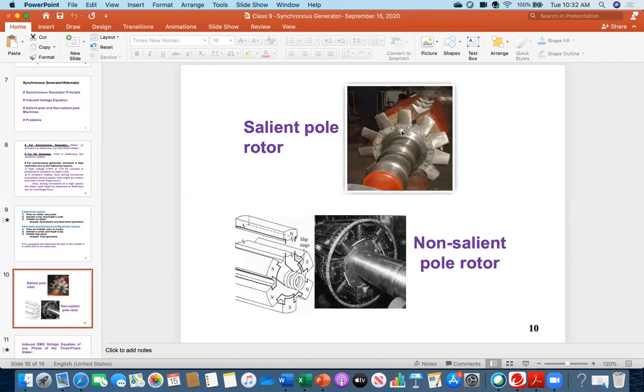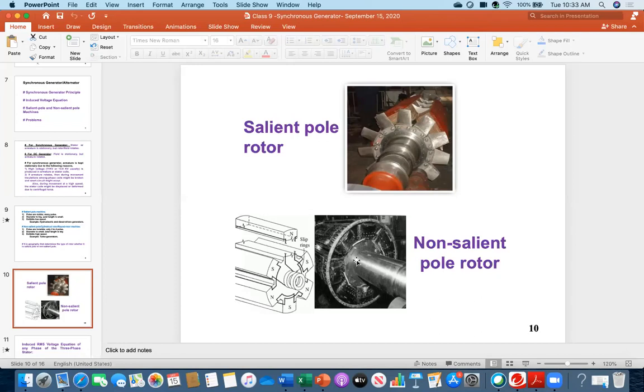In this case, the poles are on the outside of the circular body, on the outer rim or outer surface. In this case, these poles are inside. And in this case, you see there are many, like 1, 2, 3, 4, 5, 6. It could be 20, it could be 40 poles. In this case, typically very few, maybe 2, sometimes 4, hardly ever 6.